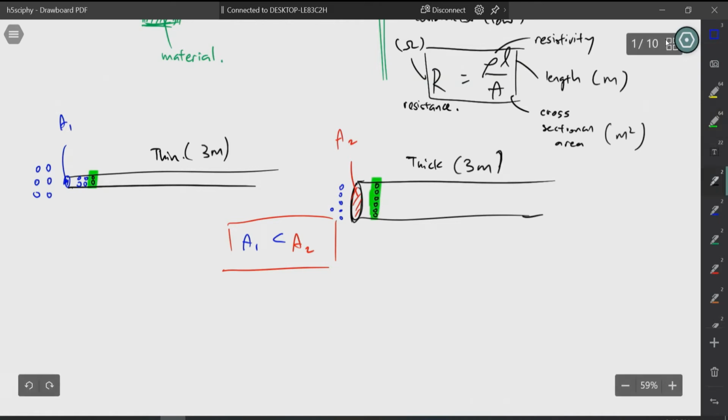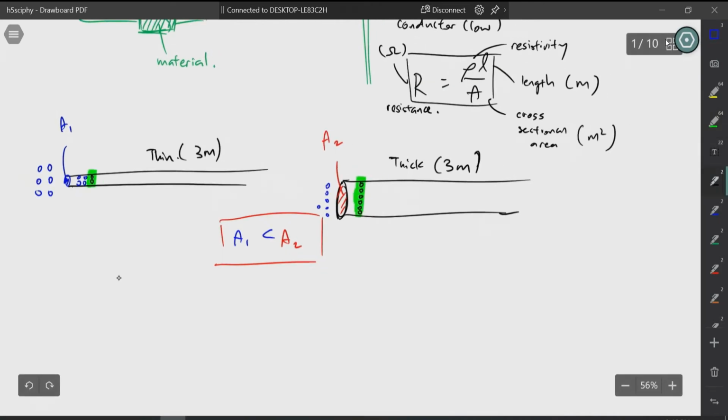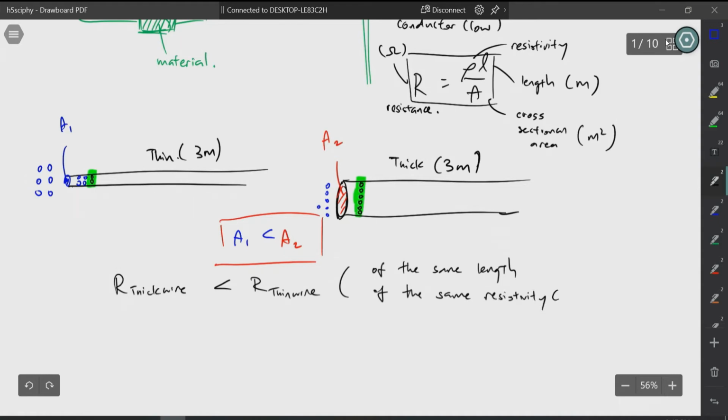So what it means is that the resistance of a thick wire is less than the resistance of a thin wire. We are assuming two things here: of the same length and of the same resistivity, because we are assuming that it's copper wire.